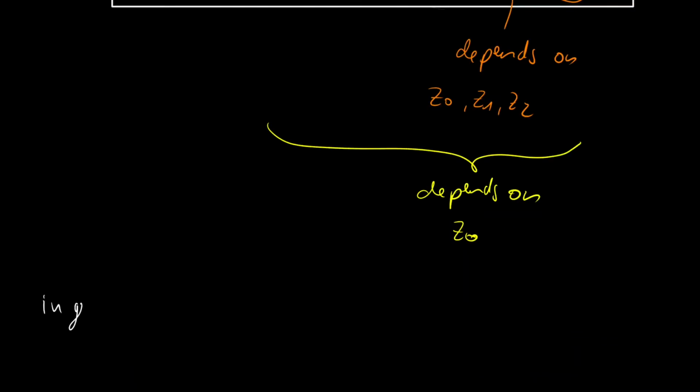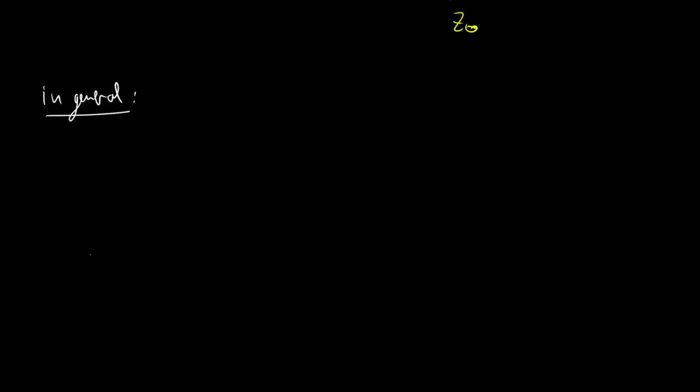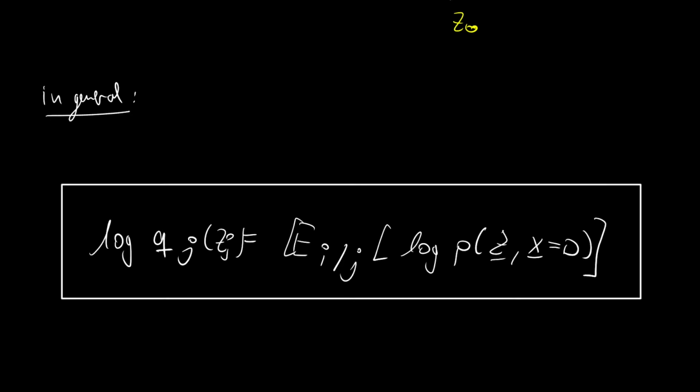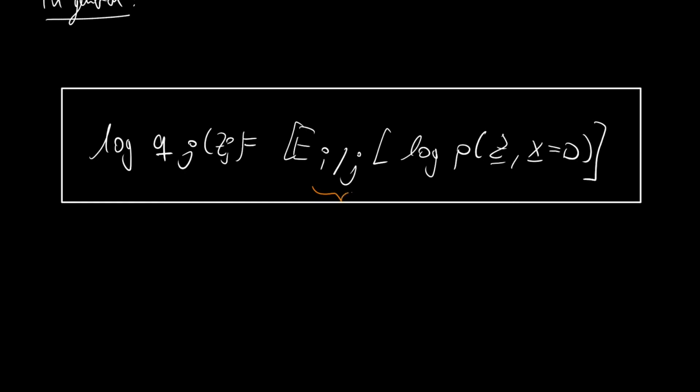So in general, this would be the following equation, with the logarithm of Qj over Zj being the expectation over all i's without j of the logarithm of the joint over the latent set, and the x being fixed to the data. This is also another handy abbreviation here, and you can just read it as all Zi without Zj.